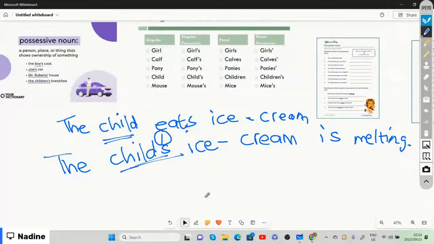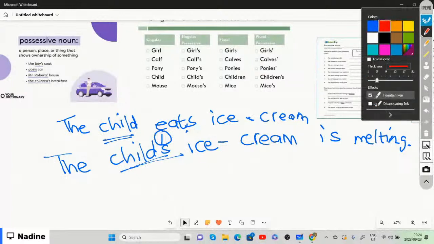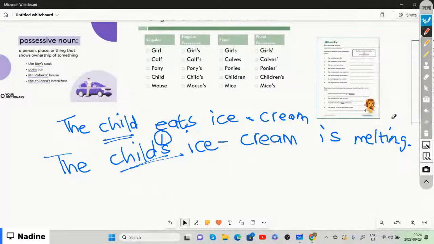Now we're going to do a plural possessive. And a plural possessive is, for example, remember, we don't say child's, because you don't get a child's as a plural form. So it is children, right?